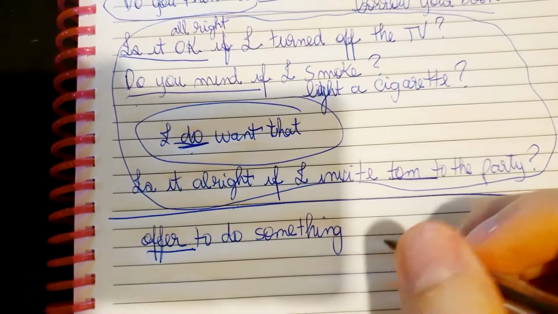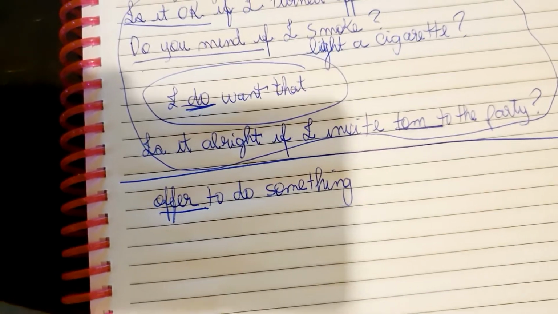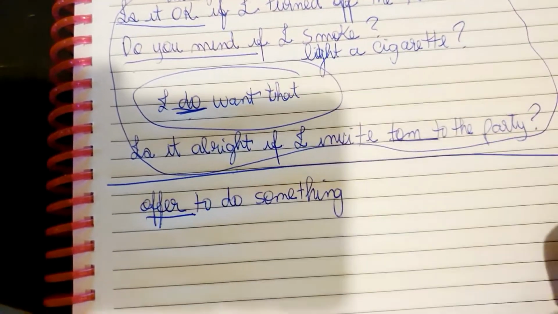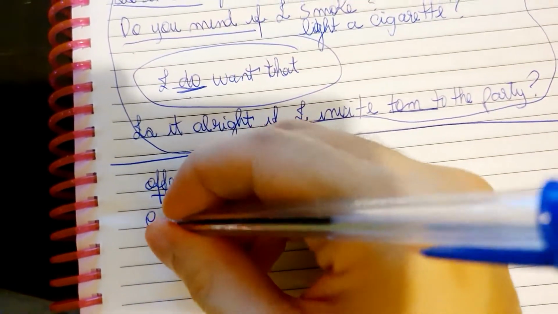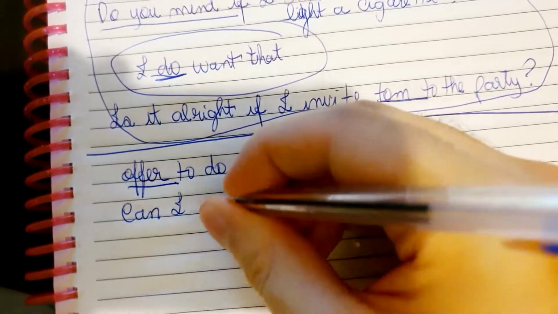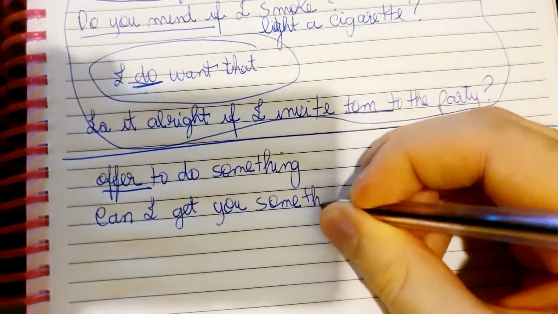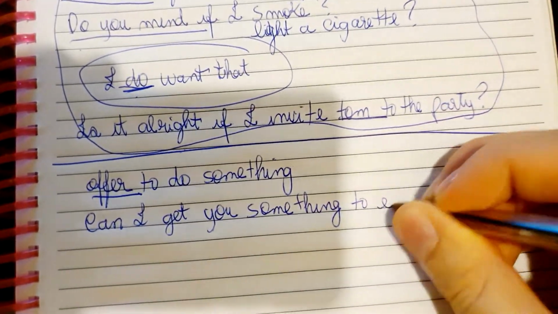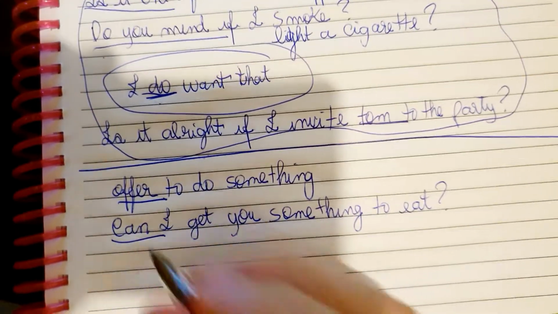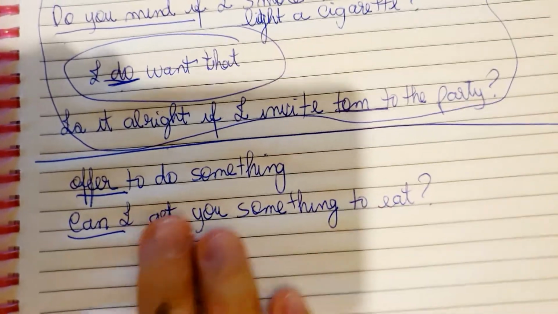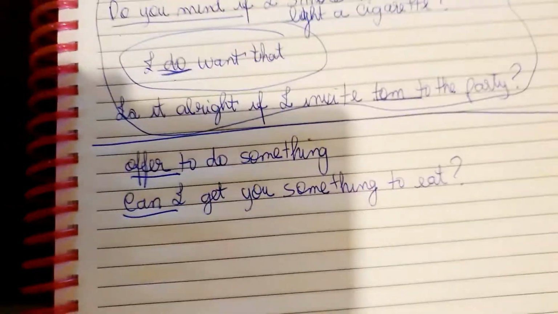For example, you have a friend visiting your home, and you offer him, "Can I get you something to eat?" So you are asking if you can bring somebody something to eat.